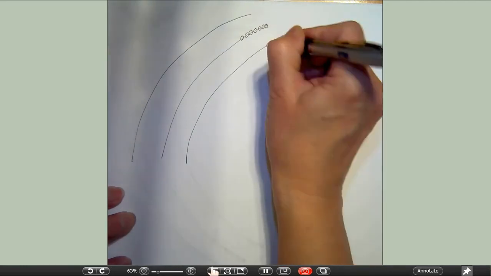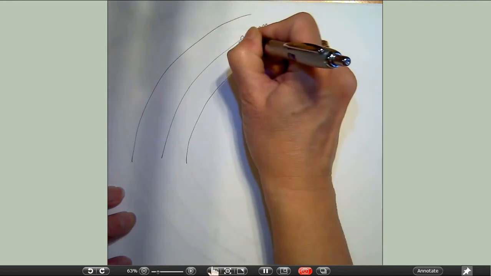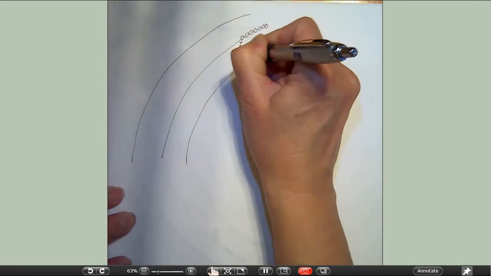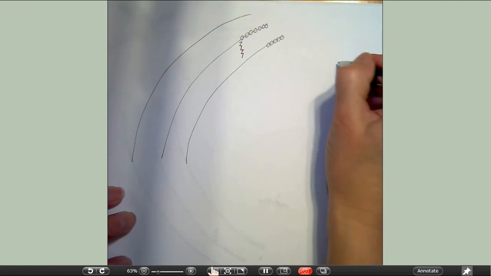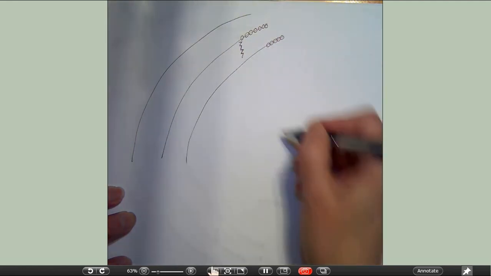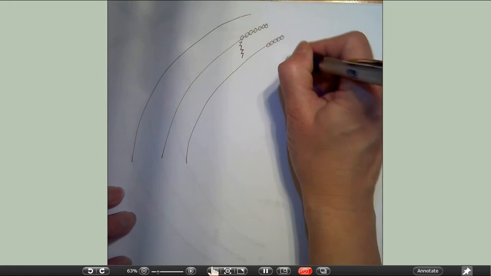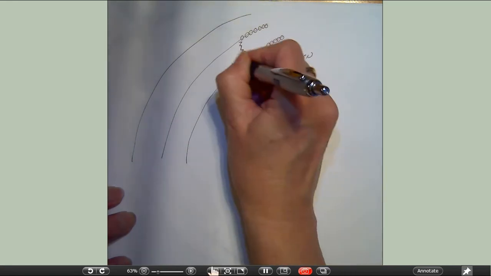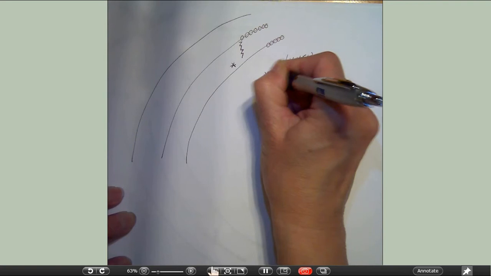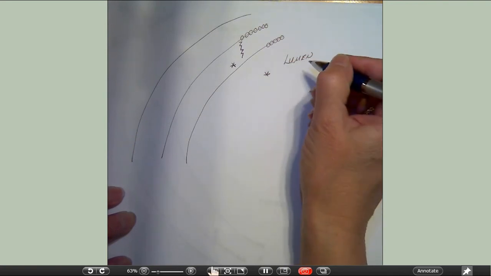So this is my inner membrane, and the electron transport chain is going to happen there. This part over here, this is the inside of the thylakoid called the lumen. So we're going to be working here and here when we're talking about photophosphorylation.